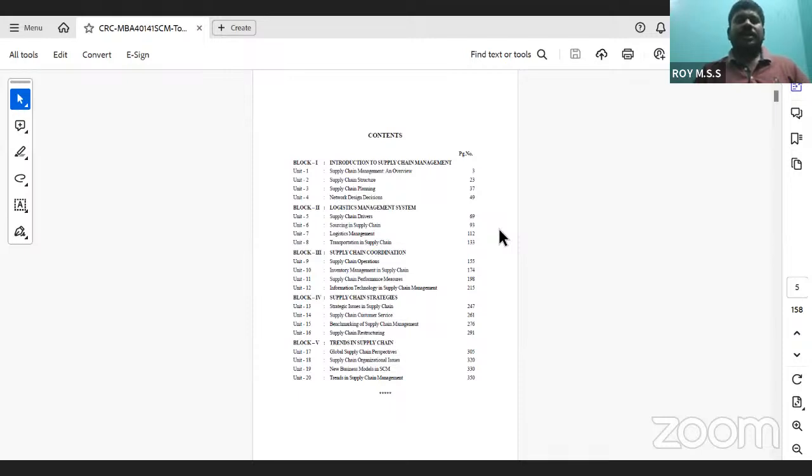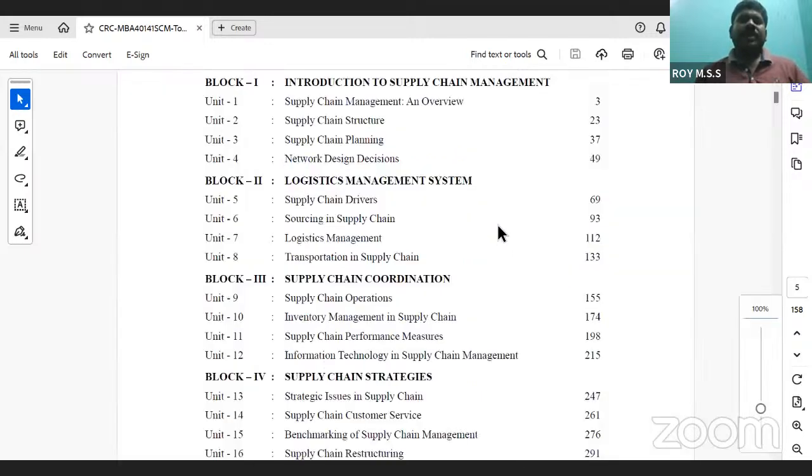Actually, in your syllabus, these are the things that they have covered. One is the introduction to the supply chain, and in that we have the overview, structure, planning, and network design decisions. The introduction to SCM is given. The important component in supply chain management is logistics management.